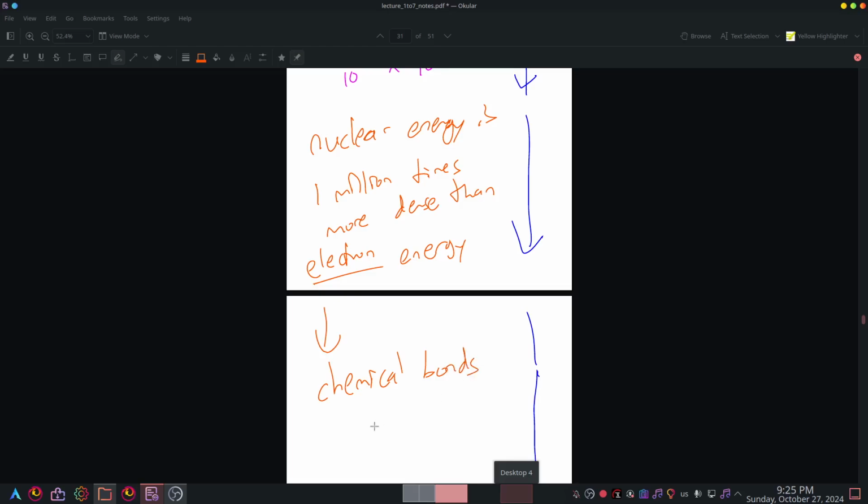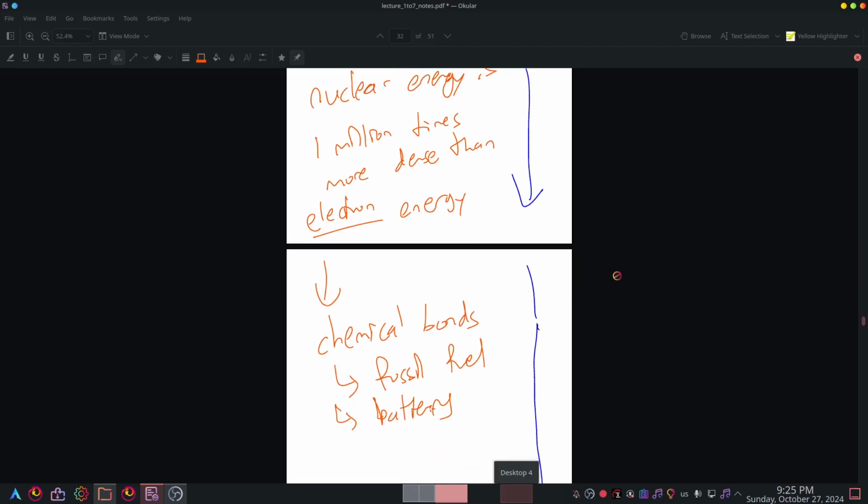When you burn fossil fuel, all of this is electron energy. Chemical reactions in a battery are all stored as chemical energy, and the basis for chemical bonds is electron interactions between atoms.